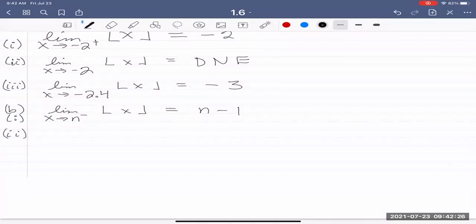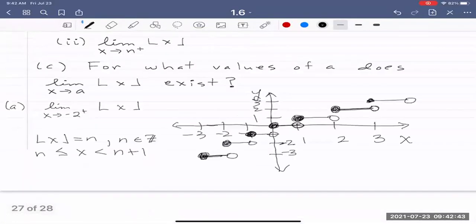Let's do part 2. For part 2, I want to find the limit as x approaches n from the right side. Well, if I approach 3 from the right, then my y values are always equal to 3.